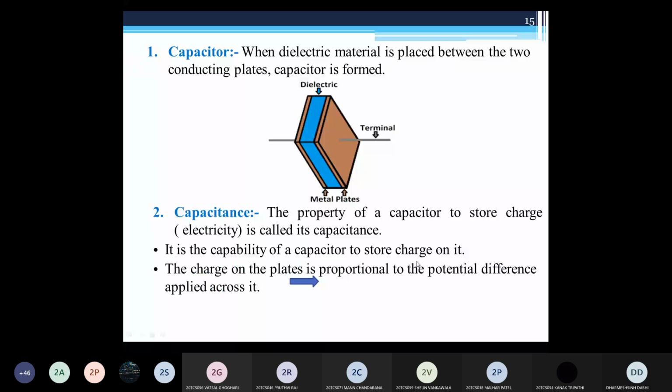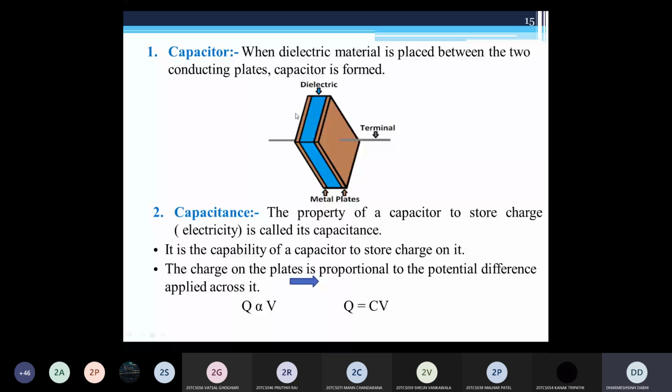Okay? The charge on the plate is proportional to the potential difference applied across it. As we know the equation, Q is the charge on the plate, which is directly proportional to the potential difference applied across the plate.